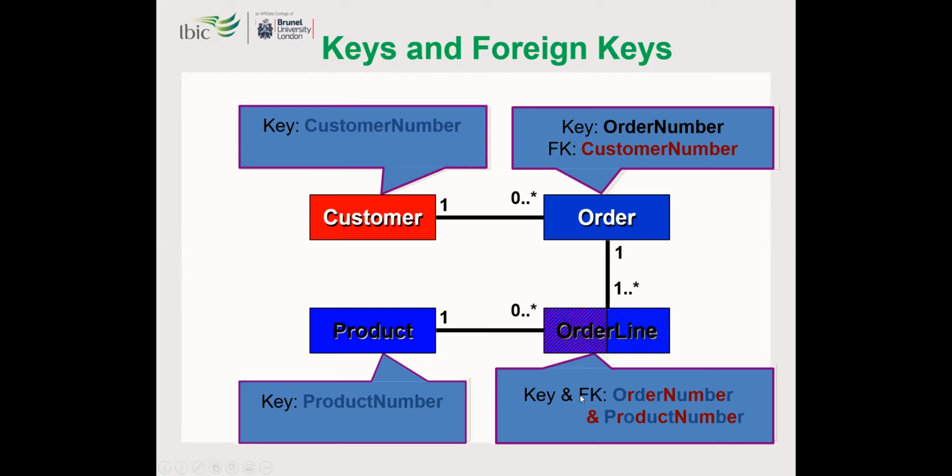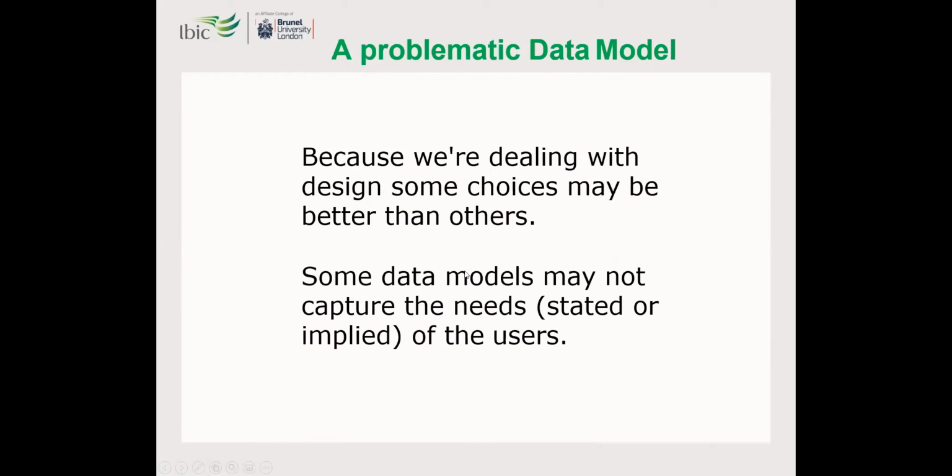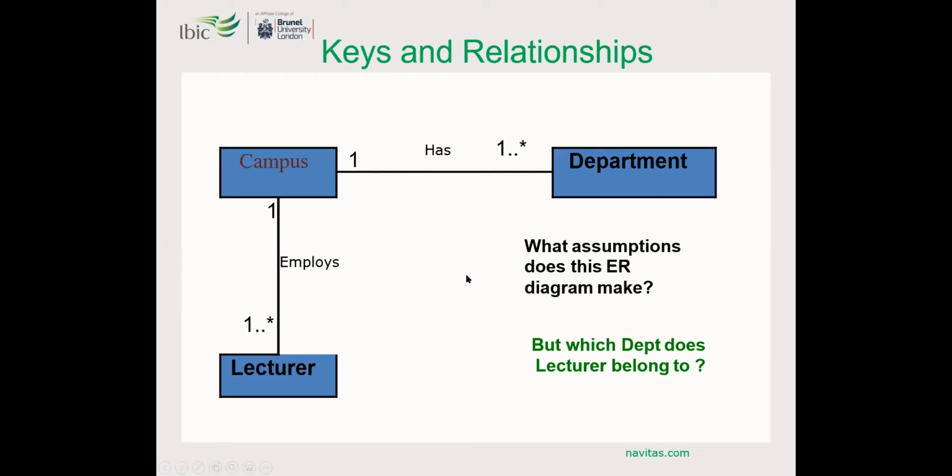So here you can see another example, keys and relationships in another example. If you say a campus has one or many departments, you're right. If you say a campus employs one or many lecturers, but not zero, not zero.